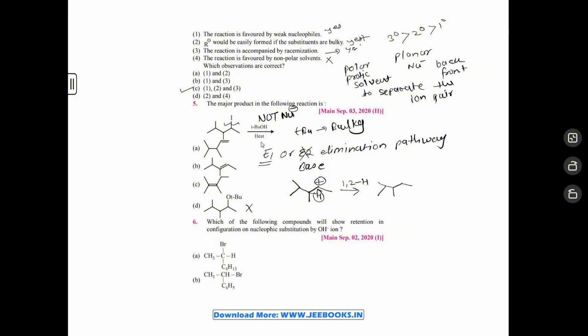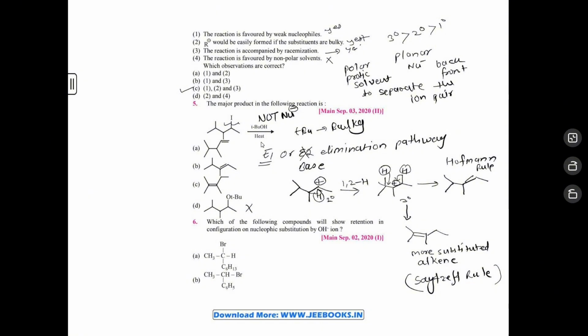This is the more stable carbocation, this is a tertiary carbocation, this was the secondary carbocation, now you have a tertiary carbocation, and this tertiary carbocation has 2 beta hydrogens, one is here, and now we have to see which beta hydrogen will go away. If you remove this beta hydrogen, then you get this product, which is the least substituted double bond, and this is according to the Hofmann rule. And if you remove this beta hydrogen, then you get the more substituted alkene according to the Saytzeff rule.